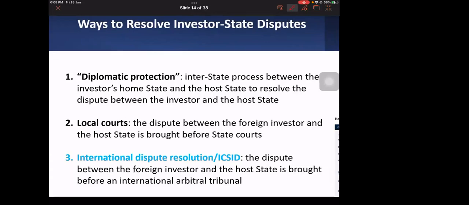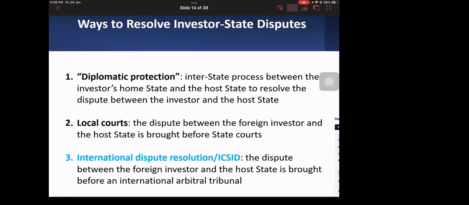And the major advantage that was foreseen in investor-state dispute is the depoliticization of disputes. Because if you look at diplomatic protection, or local courts, an element of bias will also be there, and probably politics may play a major role. But when it comes to investor-state dispute under International Investment Law, it depoliticizes disputes, and more importantly, the cases will be handled by experts.